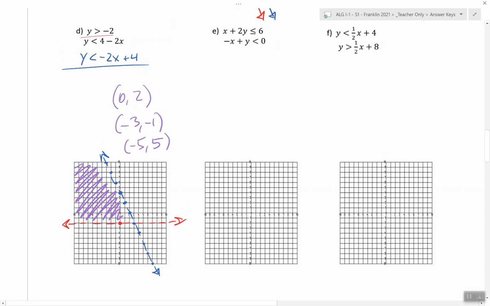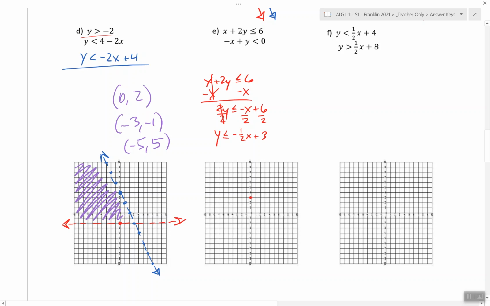Next one, x plus 2y is less than or equal to 6. We'll subtract the x. So 2y is less than or equal to negative x plus 6. Divide everything by 2. And y is less than or equal to negative 1/2 x plus 3. So let's graph that.